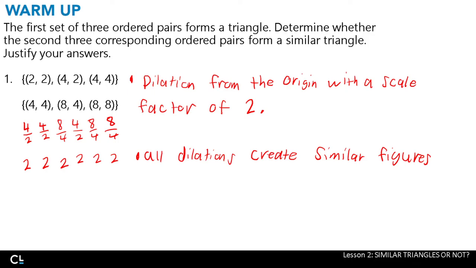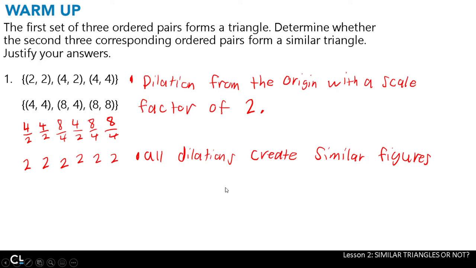Awesome. And that's our warm up right here. So I just introduced you to a rule that if you're dilating from the origin, all you have to do is take your coordinates and multiply them by the scale factor, right? So if you take the original coordinates, 2, 2, multiply by 2, it becomes 4, 4. 4, 2, multiplied by 2 becomes 8, 4, and so on and so forth, right? So you just multiply, and it gives you the next point.